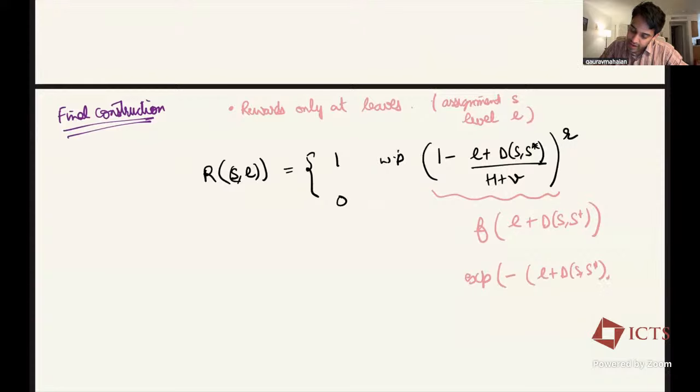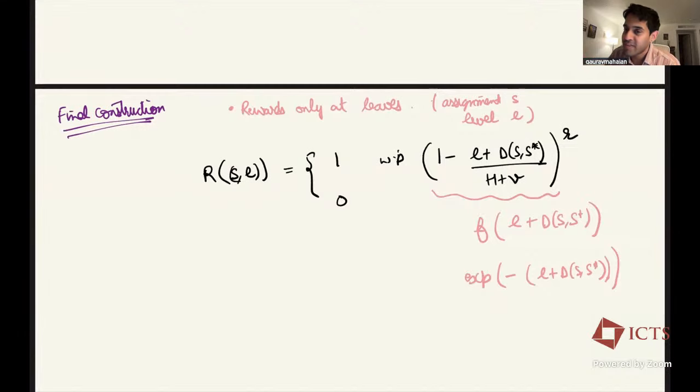Okay, maybe this is the right way to say it. So I have this function. I'm trying to approximate this exponential function. This is really the function I wanted, but I don't have that many features to approximate it. So I'm just going to pick a degree R approximation of this function. And that's what I'm picking here.